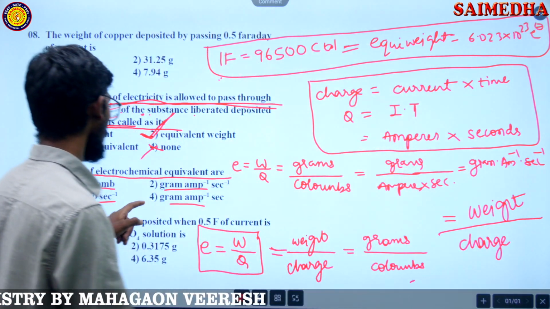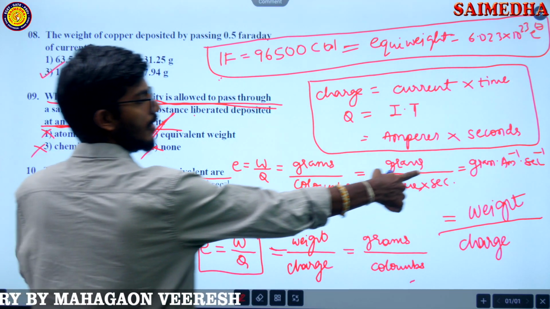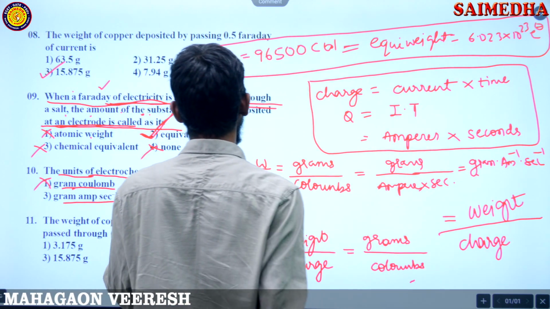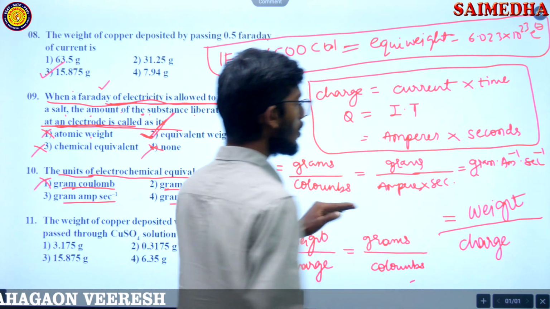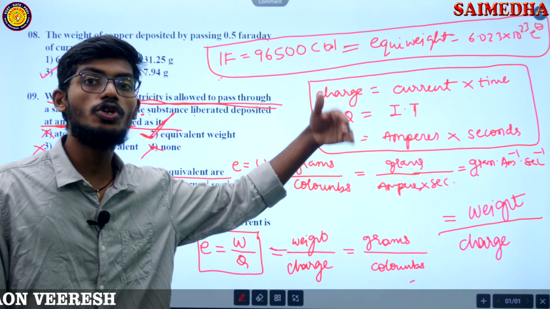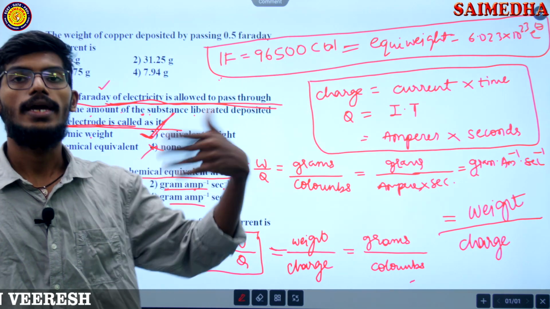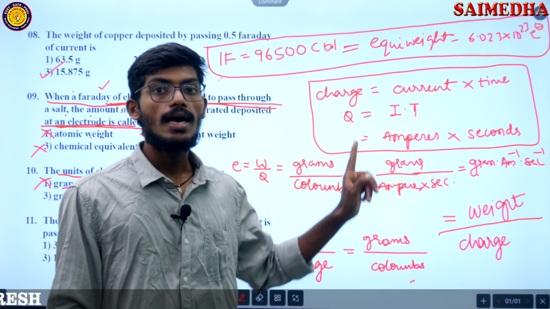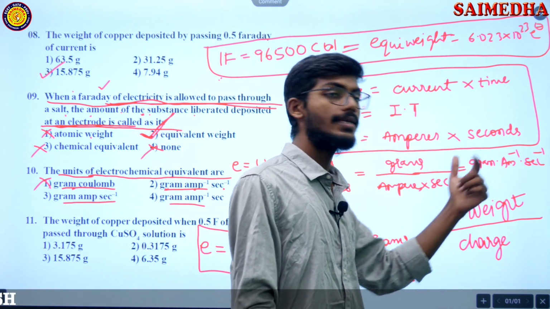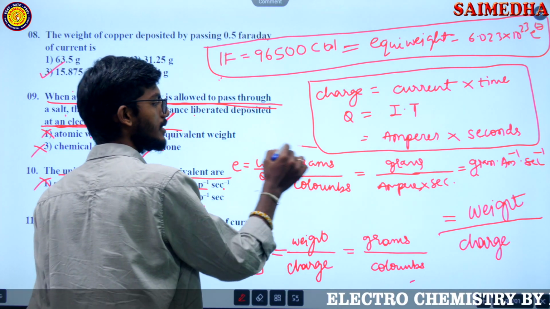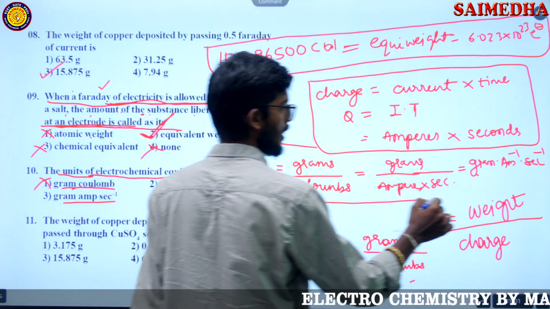That's it. Because the denominator, when it goes to the numerator, turns into inverse. Gram is as it is gram, but ampere is ampere inverse, second is second inverse. So this is the electrochemical equivalent unit.